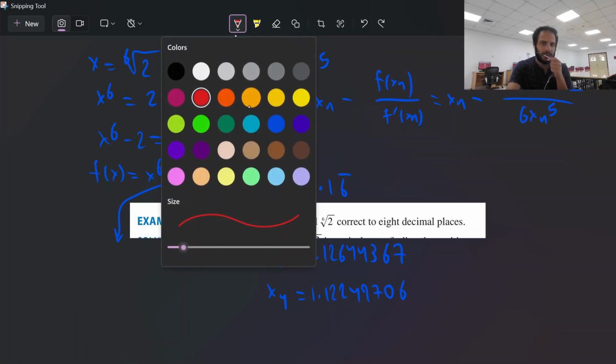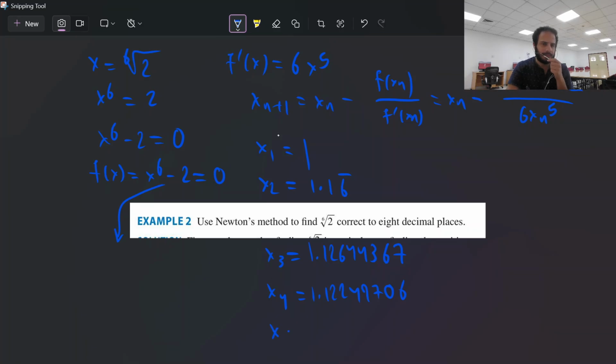Now let's find x5. The important thing is that if you want, you can use a trick to know which digits are correct, right? What's the trick? What do you think? You can find the exact value using your calculator and see the correct digits, right? But don't do this, because you need to understand the idea that, for example, here 1.12, here 1.12, so you know they are correct.